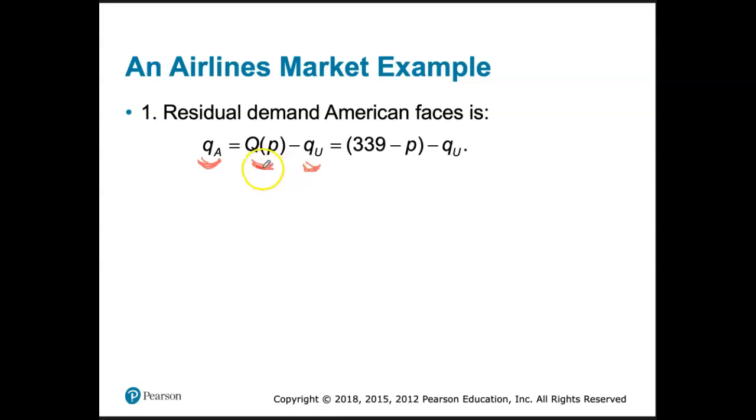That is Q, the market quantity, minus the quantity from United.